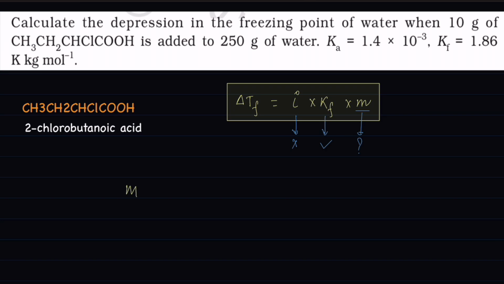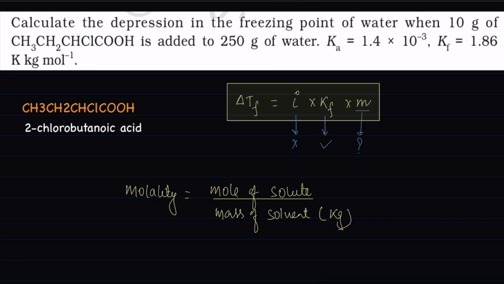So we know that molality is equal to mole of solute divided by mass of solvent in kg. So our solute is 2-chloro-butanoic acid.